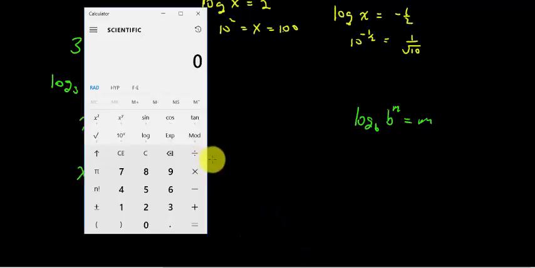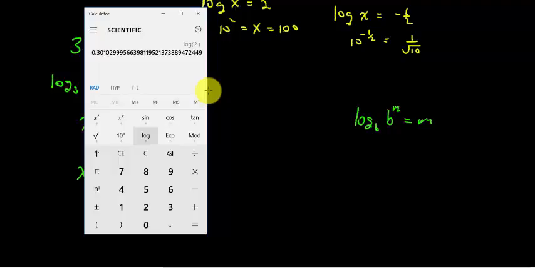So we have the 2 log base 10 is 0.301. Now we'll divide that by the 3 log base 10, which is that. Oops, sorry, I went too far, didn't I? Okay, let me fix that.